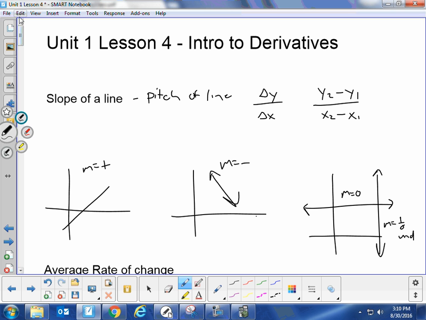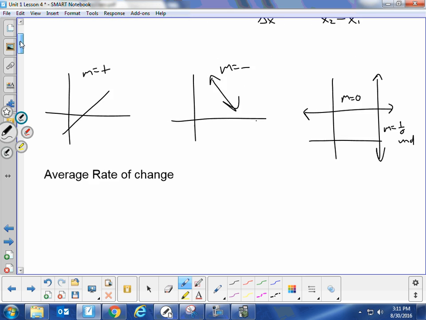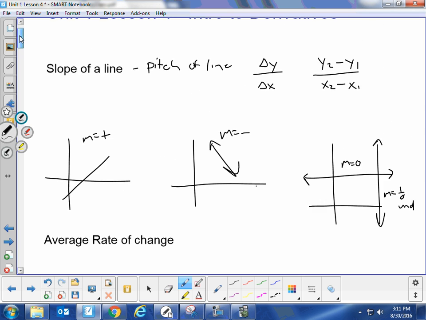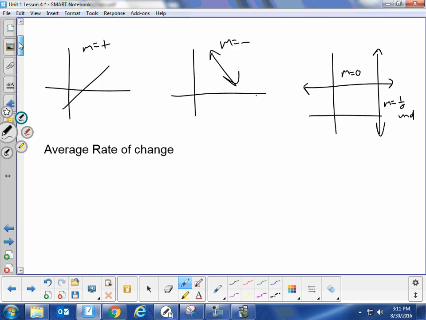Well, let's talk about average rate of change. Instead of talking about maybe a line and y's and x's, we'll talk about functions. The average rate of change of a function is the change in the function values over the change in your inputs.